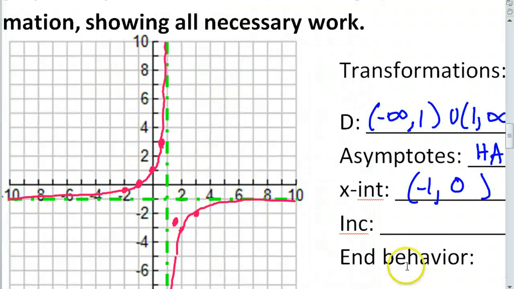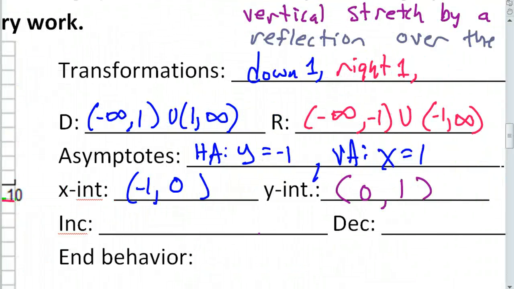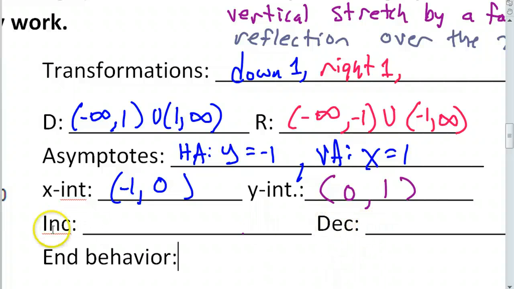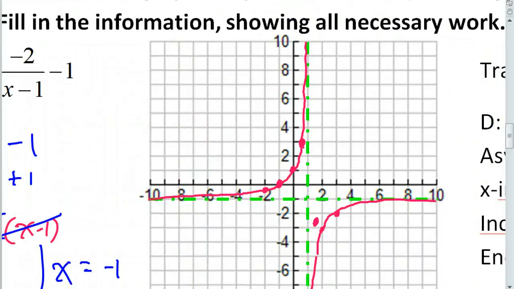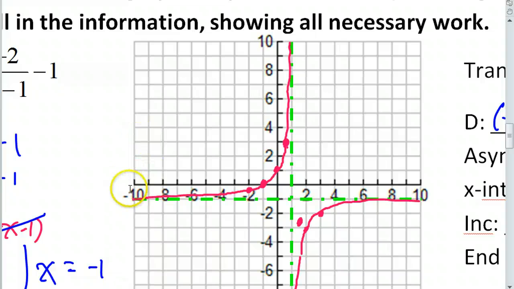All right, let's go ahead and do the increasing and decreasing intervals now. That's what that stands for. So, look, the entire first branch is increasing, because from left to right, it's going uphill. So that's from negative infinity to 1, because we're just doing x values. The x value of this end is negative infinity.